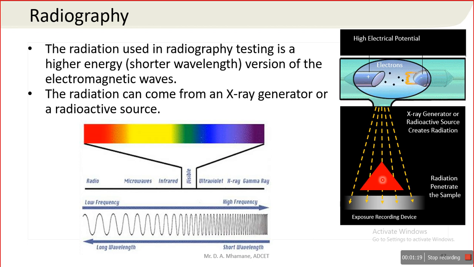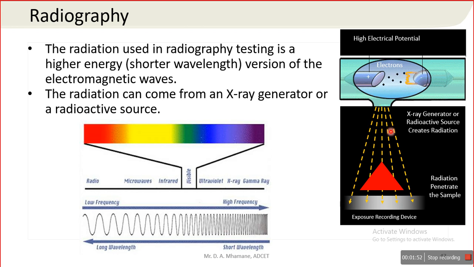It absorbs some amount of energy from the X-ray and transmits the remaining energy to the other side. On the other side there is an X-ray sheet, it may be a recorder. It records the nature of the object on the sheet. So this is the theme behind radiography testing.